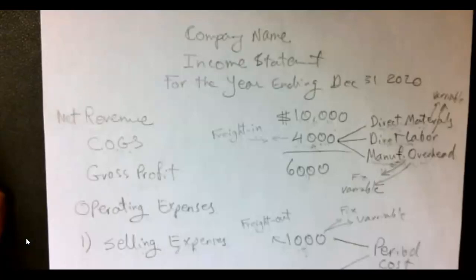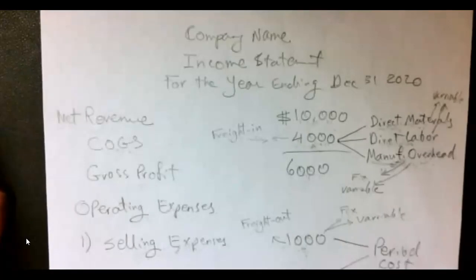factory indirect labor expense, right? Wage expense, indirect labor. Direct labor is here, but indirect labor is in manufacturing overhead. The factory also has a manager, so the factory manager salary is in here.